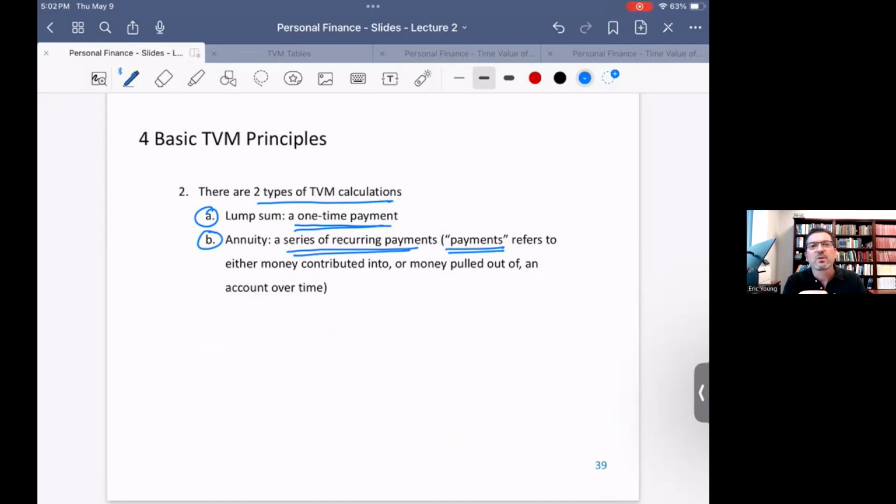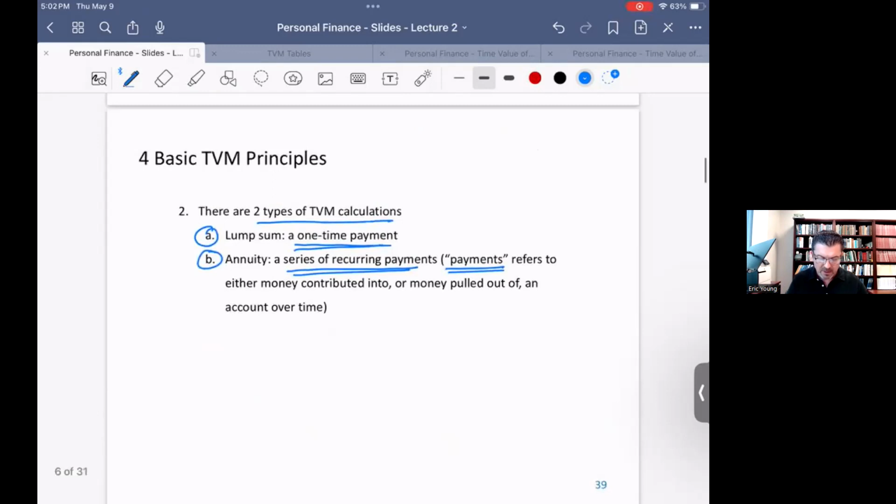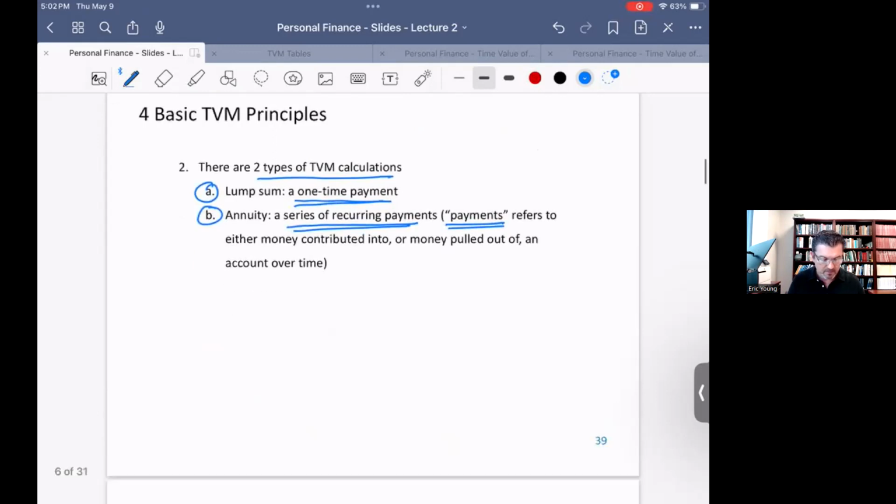If you decide to invest $1,000 today, you put the money in the account and then you walk away, that is a lump sum. If you decide to invest $50 a month every month indefinitely, that series of ongoing recurring payments, that's an annuity. Okay, so those are our two types of calculations, lump sums and annuities.